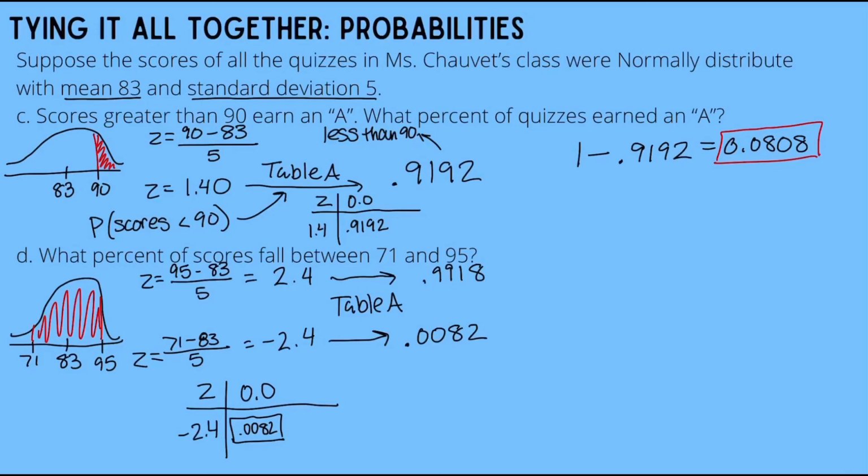So we can actually take these two z-scores and subtract them. Just take the bigger one minus the smaller one. So if we do 0.9918 minus 0.0082, that's going to get us 0.9836. And that becomes our area, or our probability, and our percentage between 71 and 95.